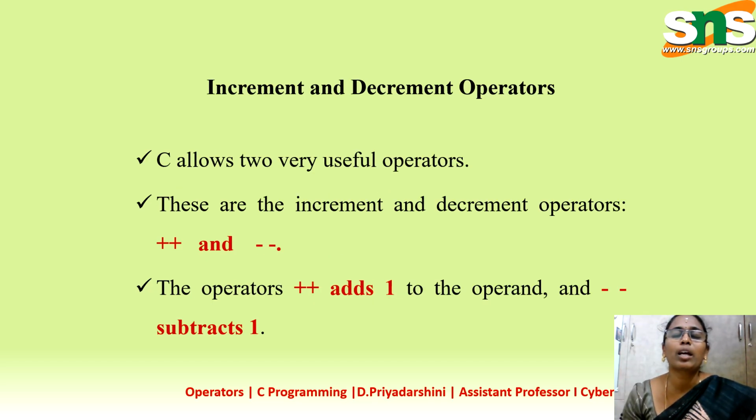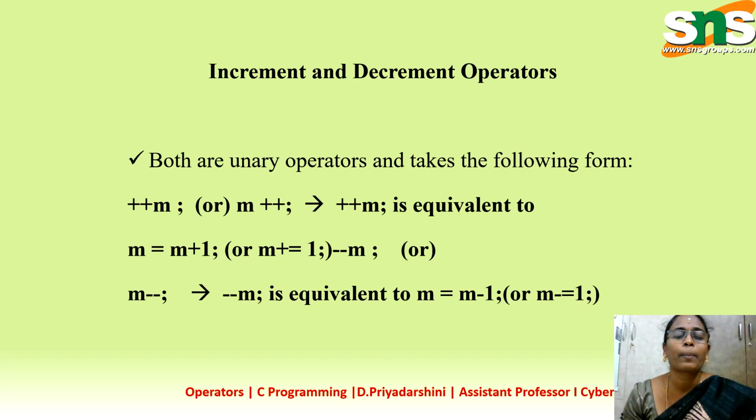The next one is the increment and decrement operator. C allows two very useful operators, increment and decrement, which are mostly used in looping statements. The operators plus plus and minus minus are the increment and decrement operators. A plus plus literally indicates that A is equal to A plus 1.